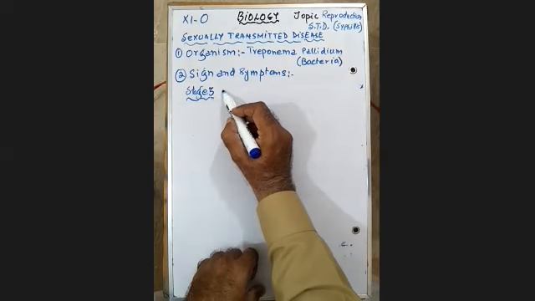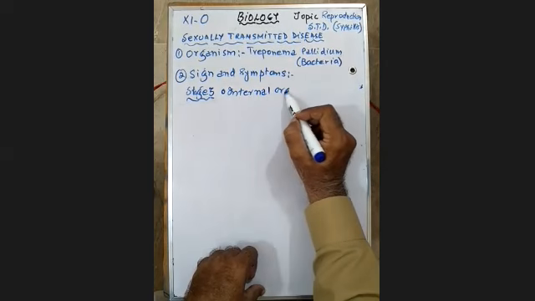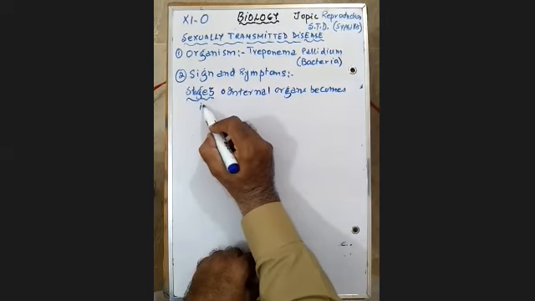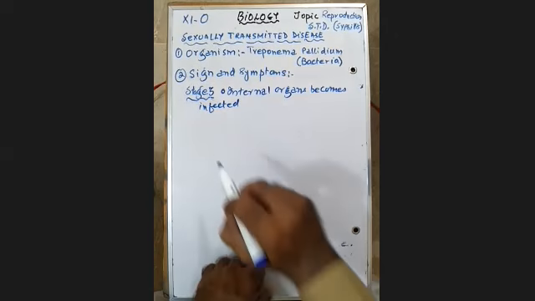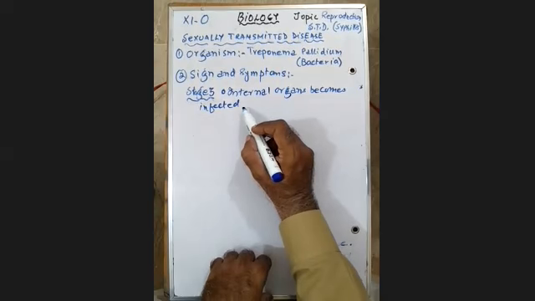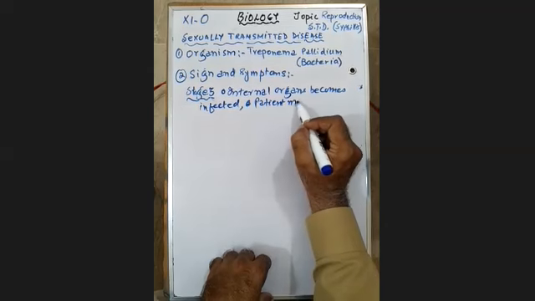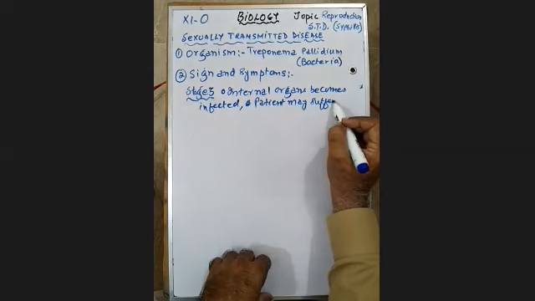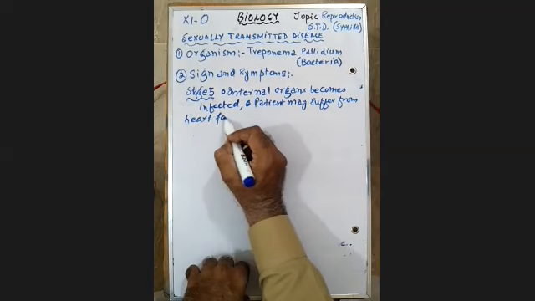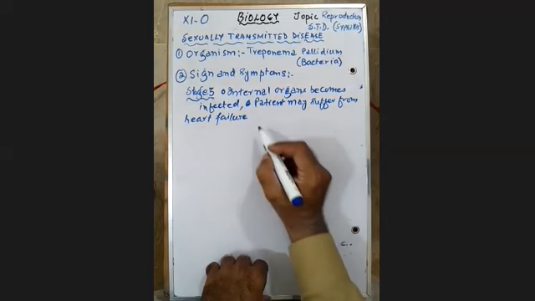In stage 3, the internal organs become infected. The patient may suffer from heart failure, or become blind.